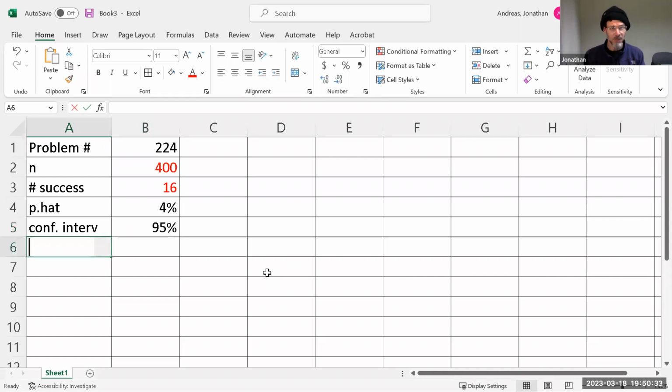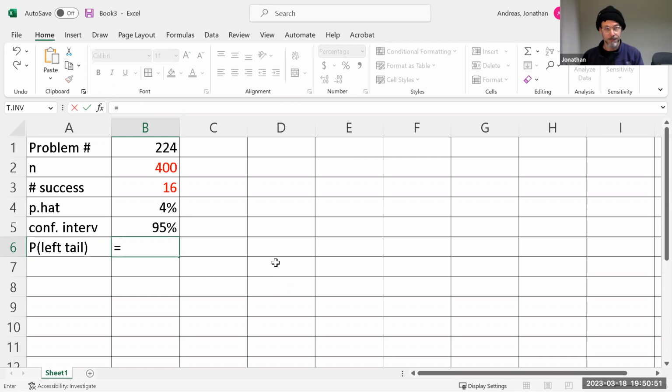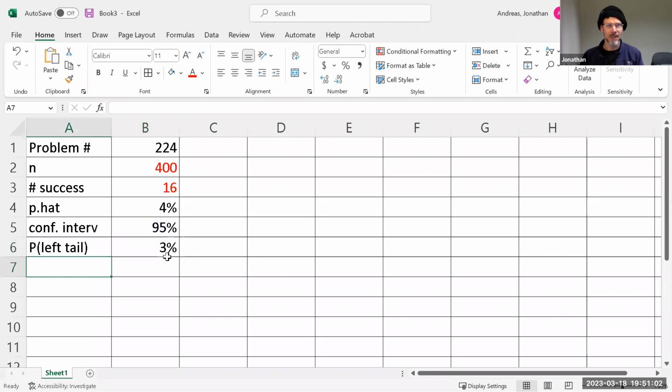And then our probability, that actually should be a big P, of being in the left tail is going to be equal to 1 minus this. That'll give us the 5%. And then we divide that in 2 to get the 2.5%. And we've got some rounding issues here. So there we go. So it's 2.5% probability in that left tail.